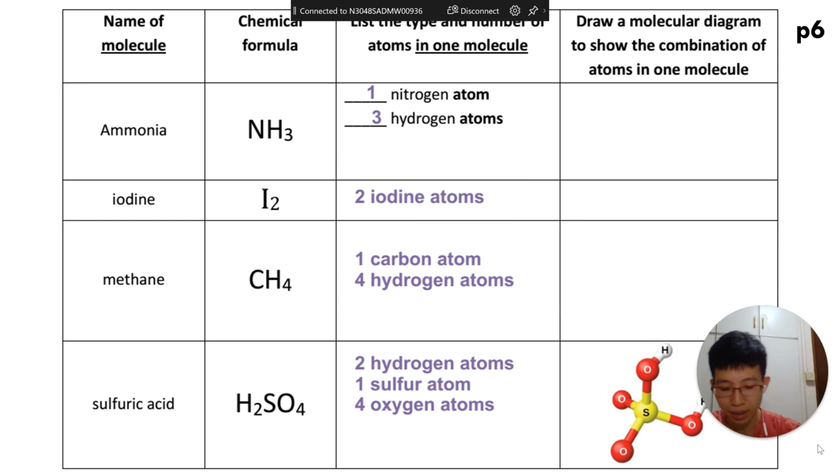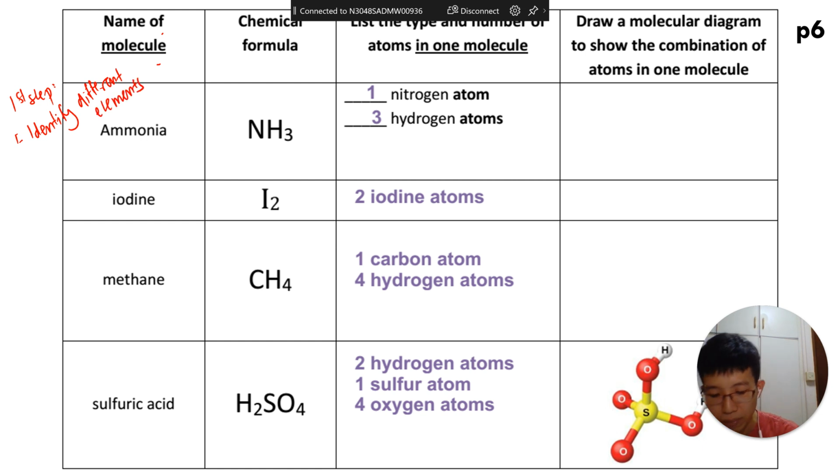In this case, step one, let me write it at the left side. First step, identify different elements.